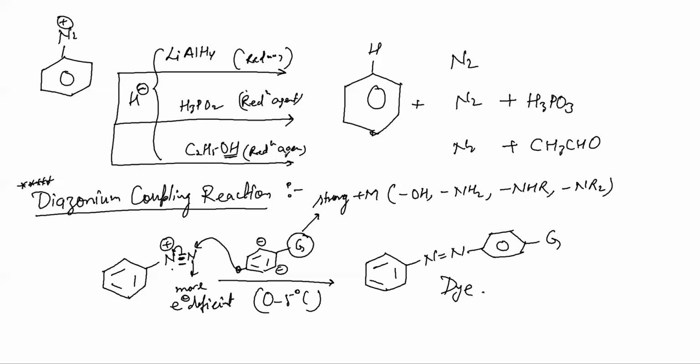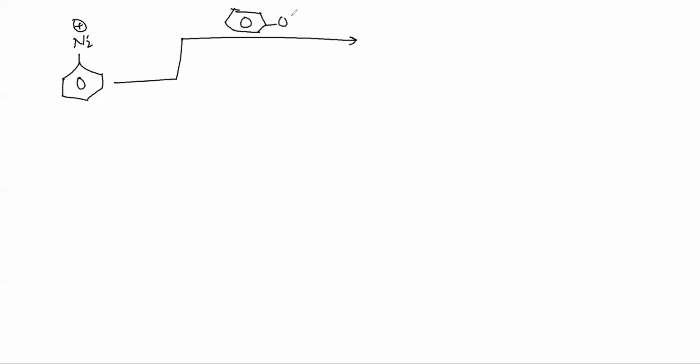All right. Let's see. So you can perform this reaction in two different cases. If we take phenol, the pH is kept around 9 to 10, meaning weakly basic.